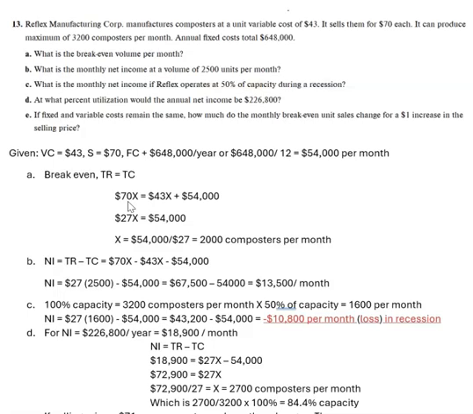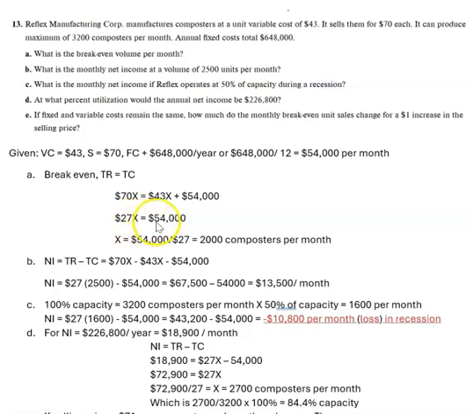So we know that our total revenue is 70x because our selling price is 70. And we know our total cost is 43x, which is our variable cost per unit, plus the 54,000 fixed costs per month. So we want to move the 43x to the other side and get rid of it from this side. So that'll become 70x minus 43x, which would leave us with 27x.